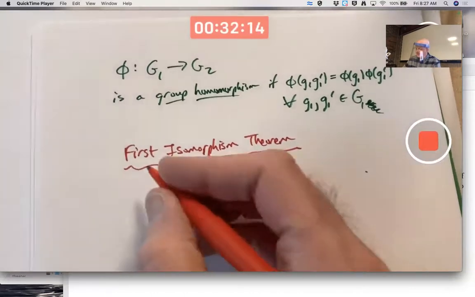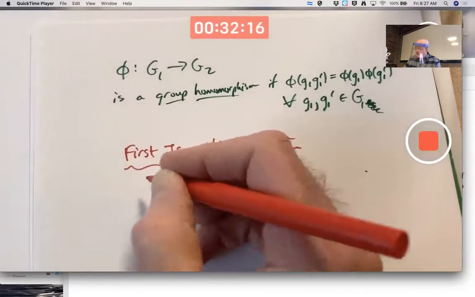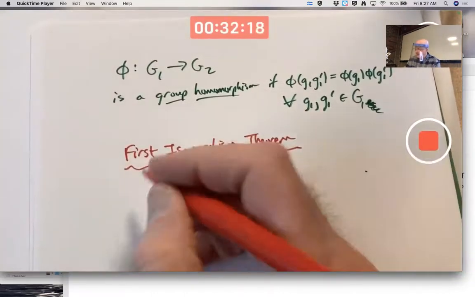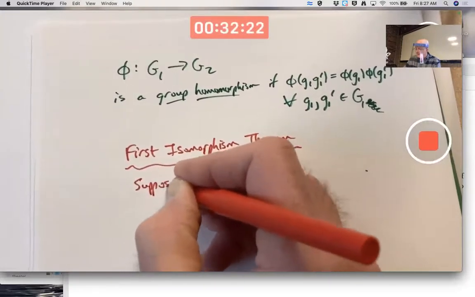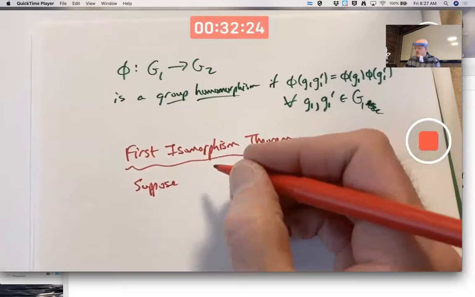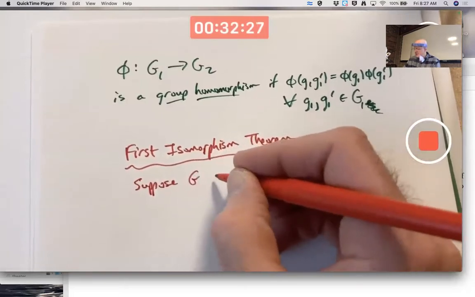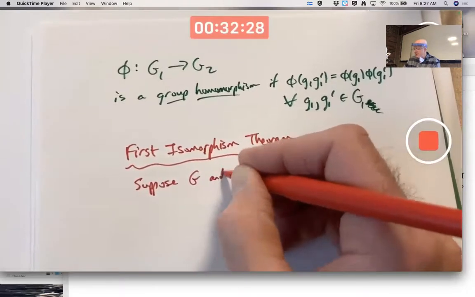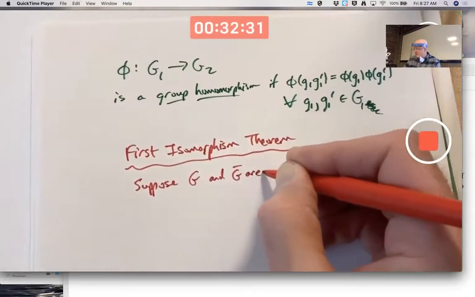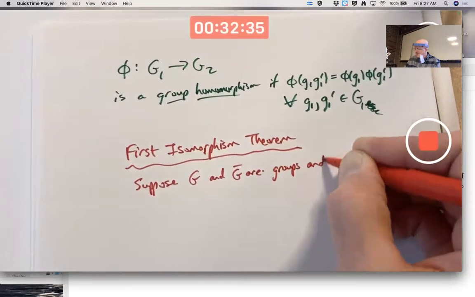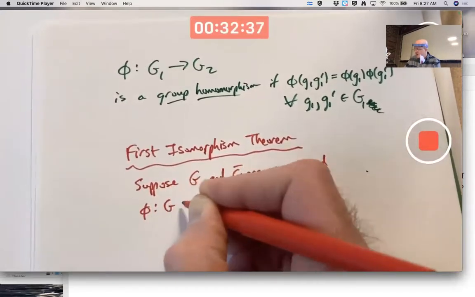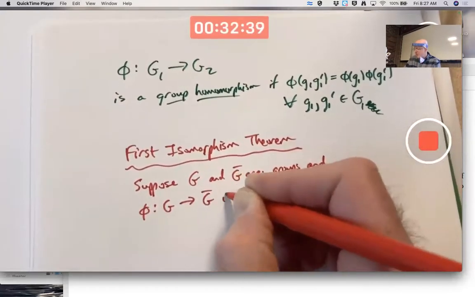First isomorphism theorem. Let me not use subscripts here. Suppose, I think the book uses G and G bar. G and G bar are groups. And phi going from G to G bar is a homomorphism.